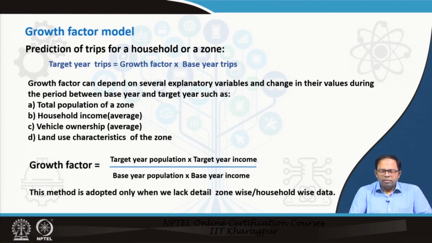So, instead of one variable, income or population, we have taken a product of both variables, and we can keep on adding other variables which we feel appropriate for this particular prediction. For production it could be different, for attraction it could be different. So, we will choose the variables which may play a role in influencing the production or whatever we are predicting, and use them to determine the growth factors, which can be directly multiplied with base year trips to get target year trips.